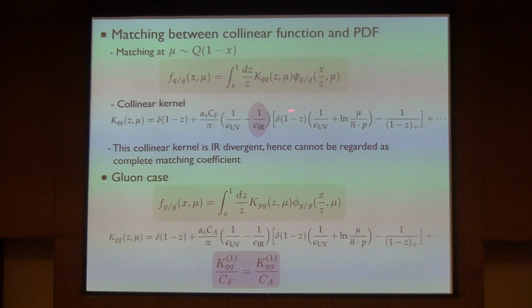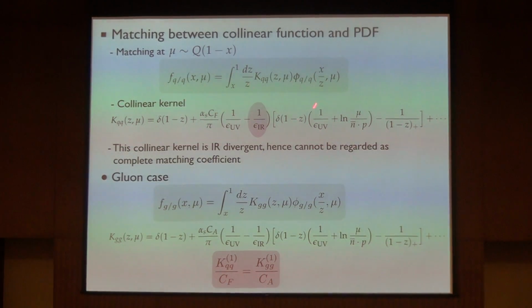This collinear kernel has a non-zero result because of the difference of the two subtractions. This collinear kernel can be considered to be another type of matching coefficient. But the result is that this collinear kernel involves some infinite divergences.